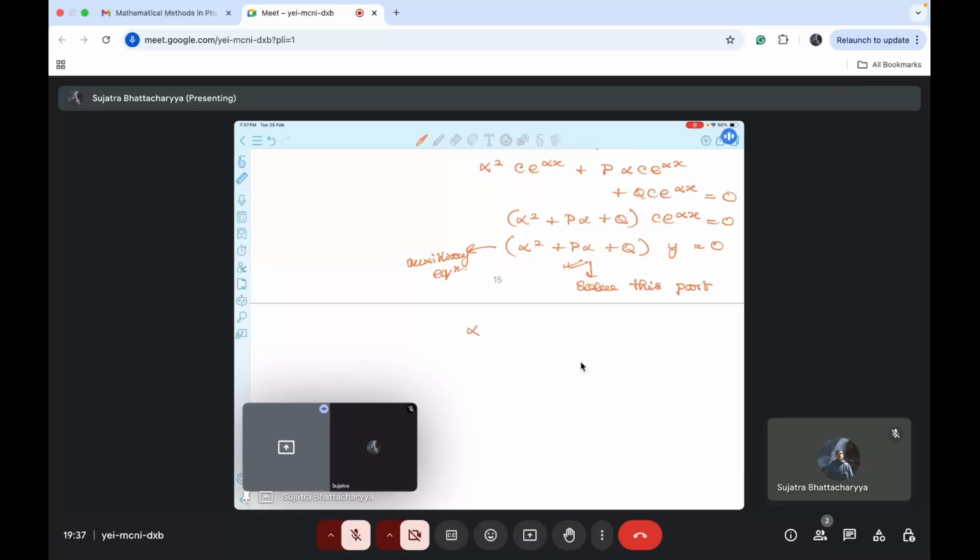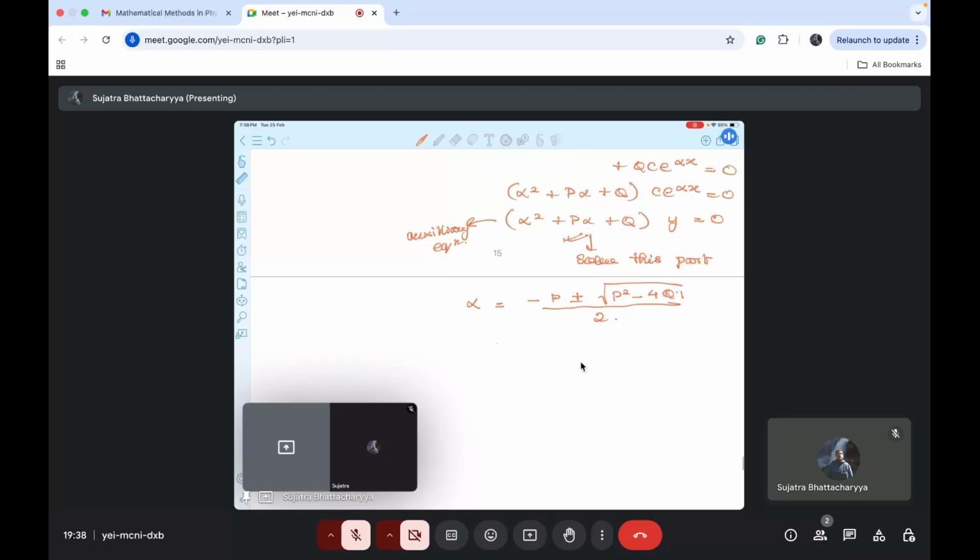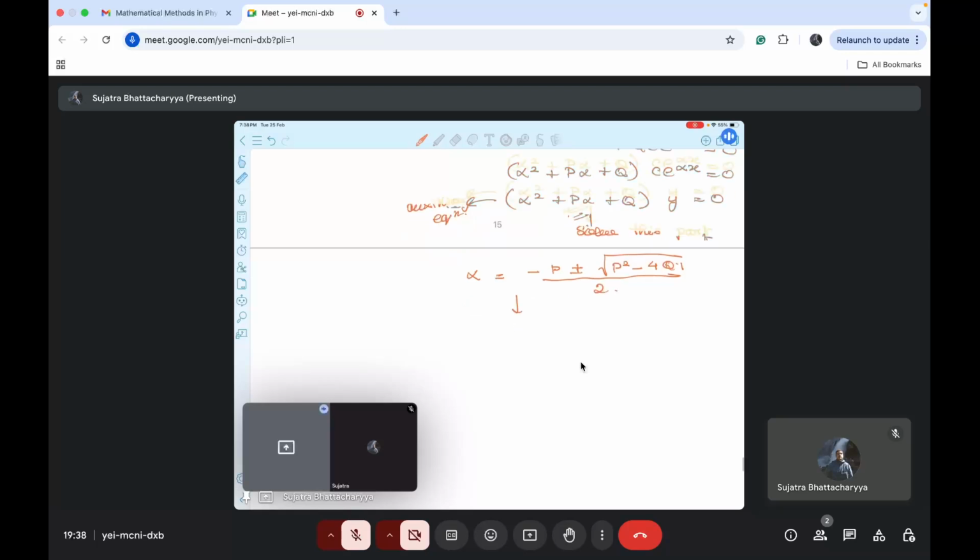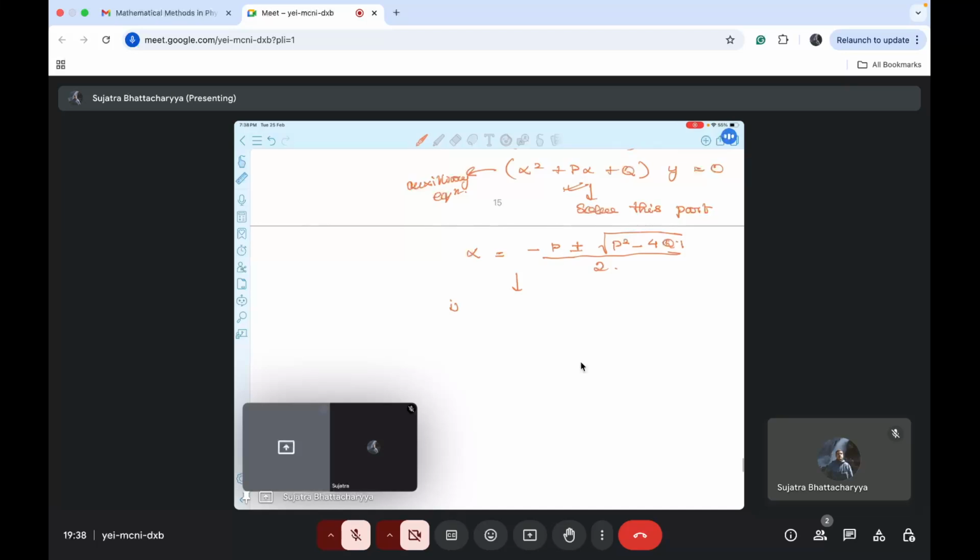So how to solve it? Easy. Minus b plus minus root over b square minus 4 times a c, divided by 2 times a. So this is what you have. Now I know that there are three kinds of forms, based on the discriminant.